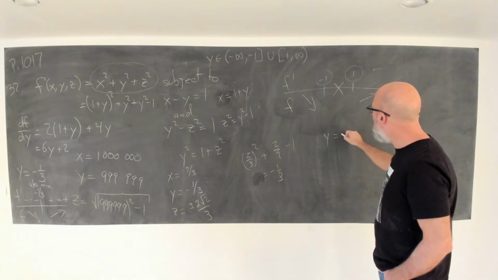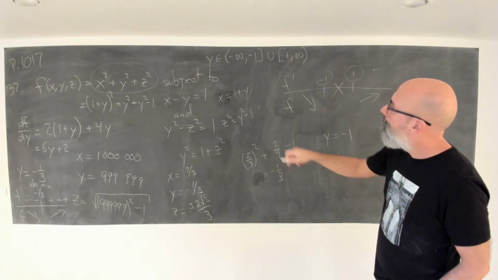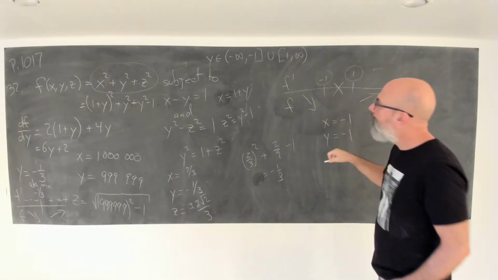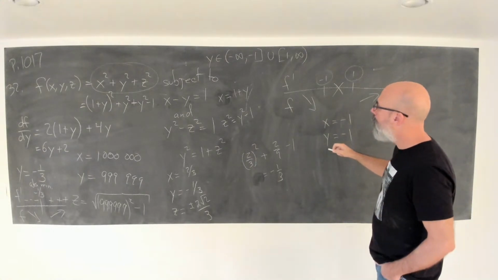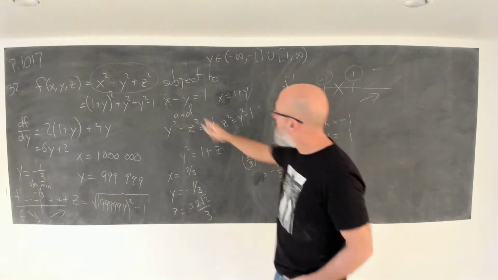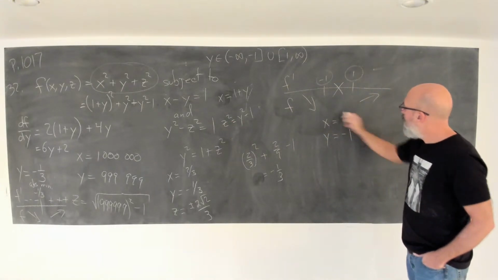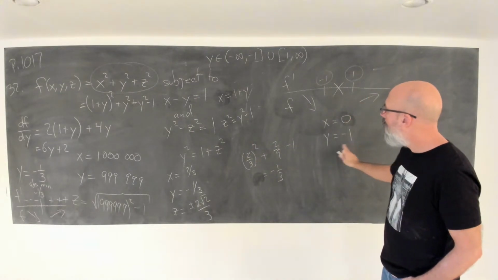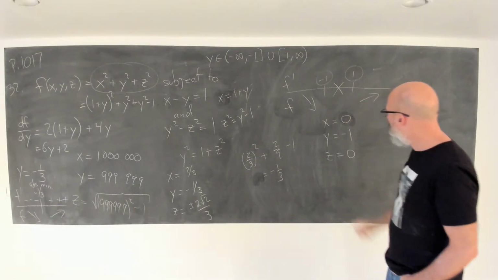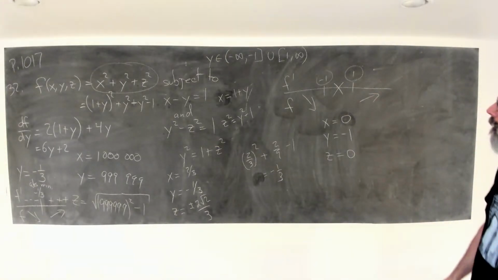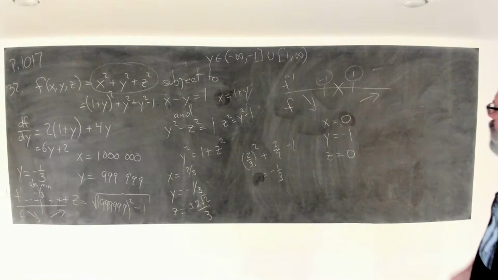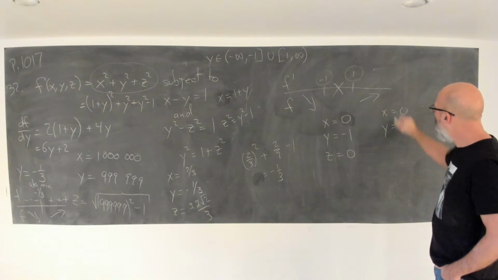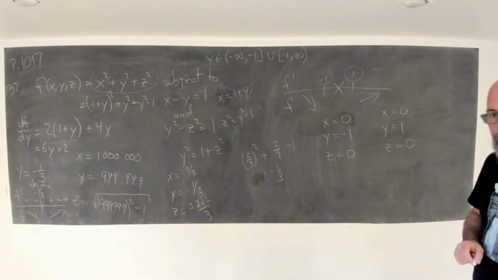So if y is negative 1, x is 0, and z is 0 as well. And same if y is 1.